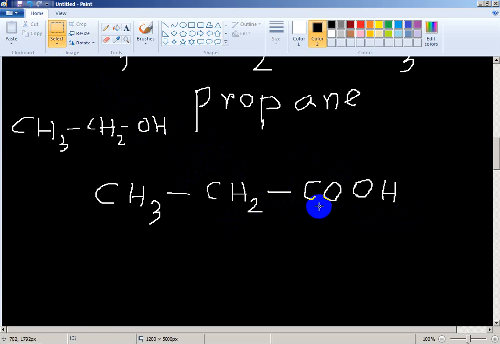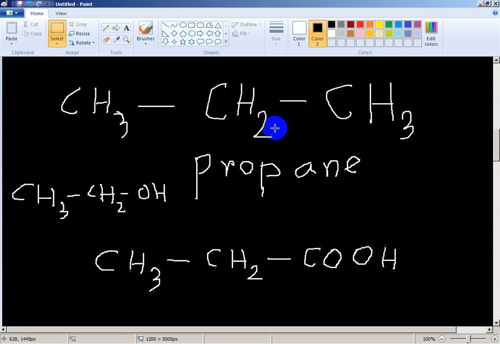Okay, how many carbons in the chain? 1, 2. This one will include 1, 2, 3. Okay, you write the name, you pick the name this way. You write from the alkane name.